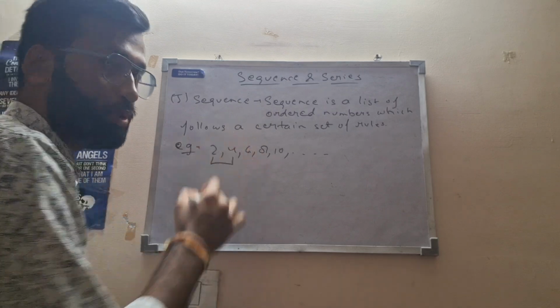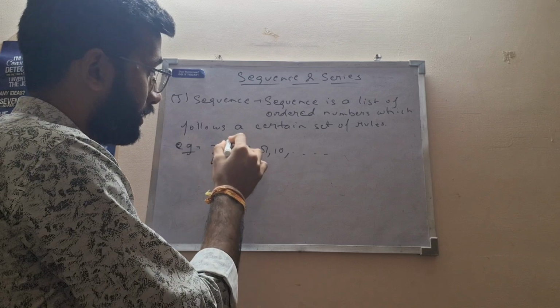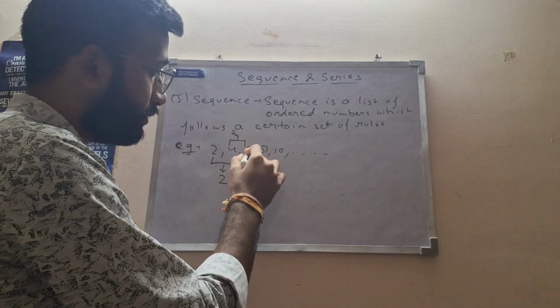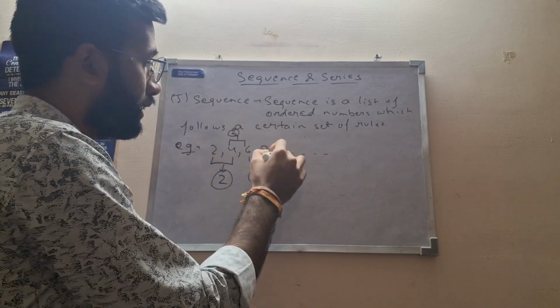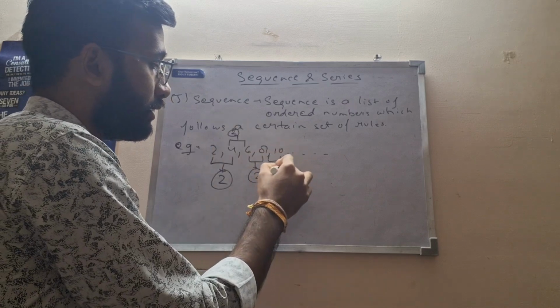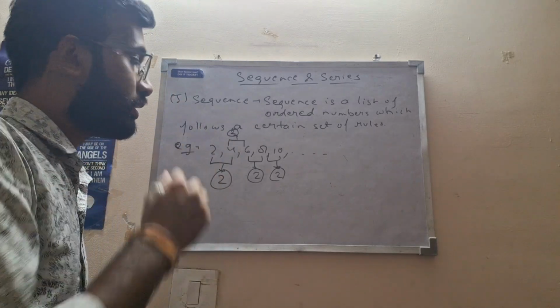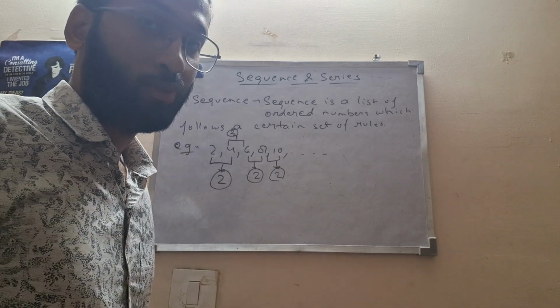Suppose these two consecutive numbers have a common difference of 2. Similarly, these two consecutive numbers also have a common difference of 2, and so on, as each consecutive number contains the common difference as 2. So this is a sequence, and there are many types of sequences also.